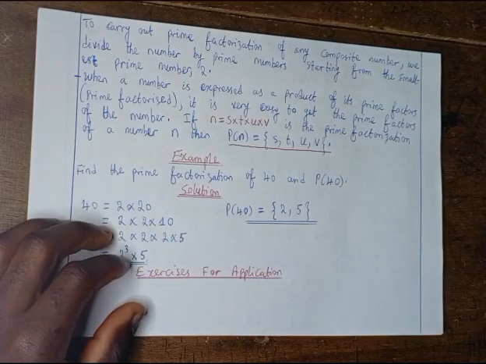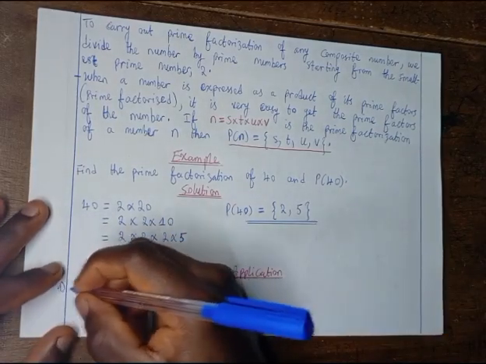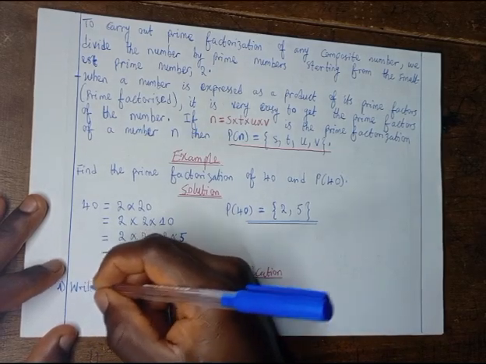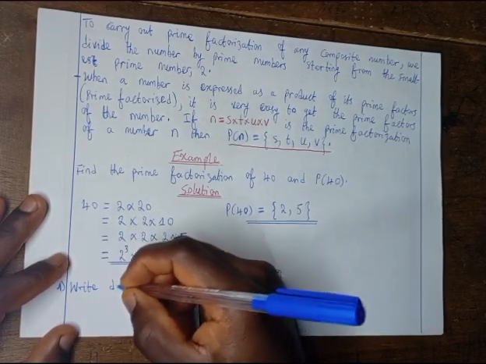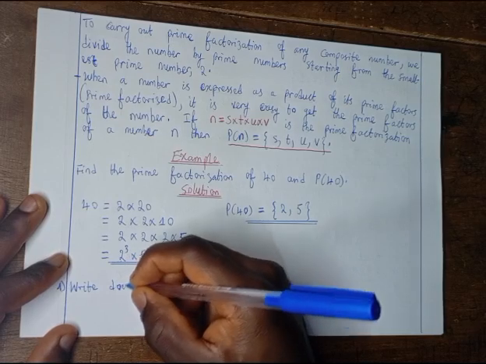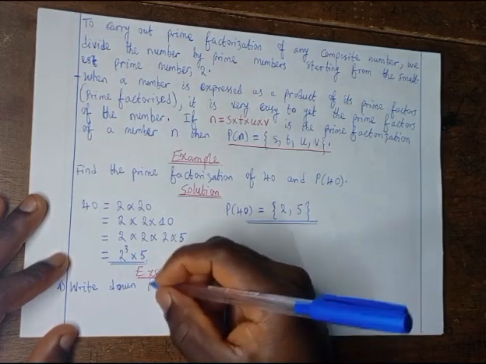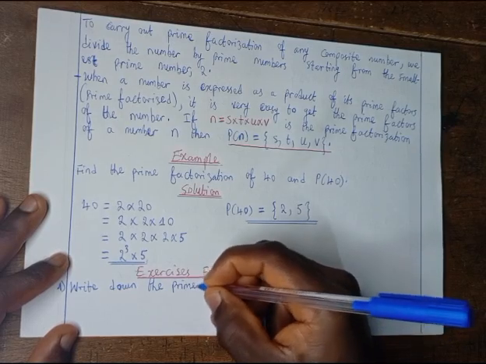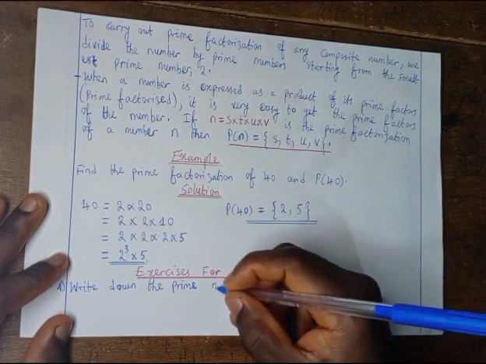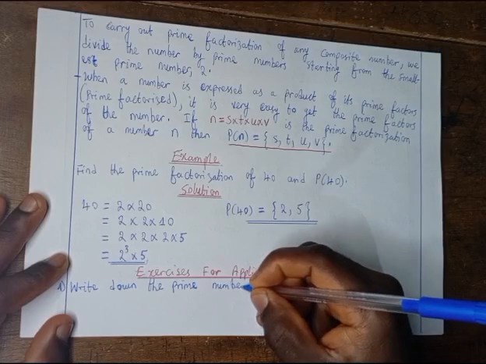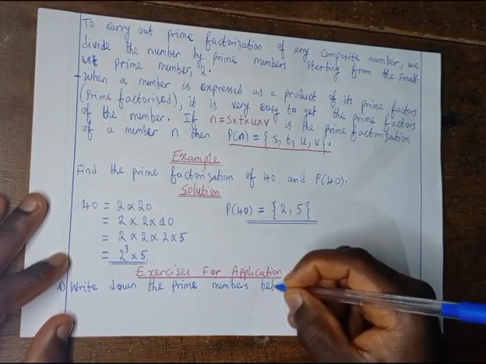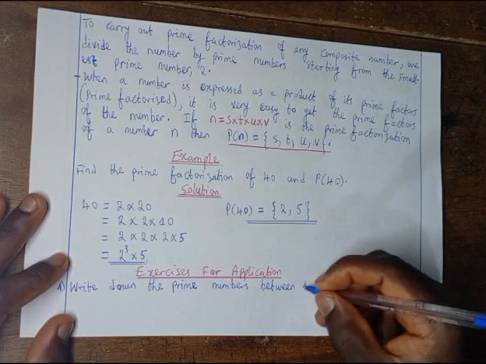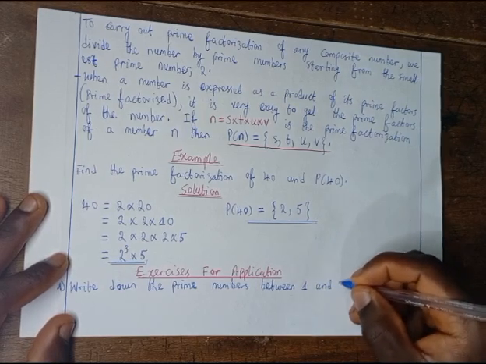The first question goes, question 1 says write down the prime numbers between 1 and 50.